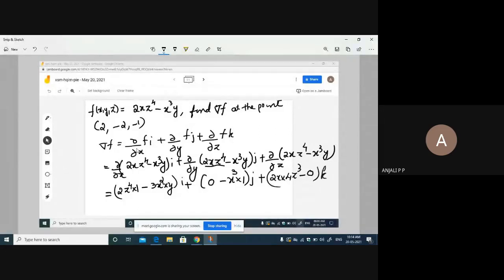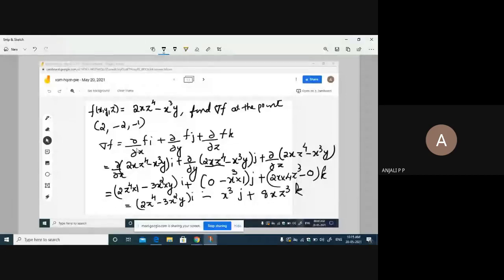Which is equal to 2z raised to 4 minus 3x square y i, plus minus x cube j, plus 8x z cube k, 2 into 4. And here plus and minus become minus. So this is the answer: 2z raised to 4 minus 3x square y i minus x cube j plus 8x z cube k.